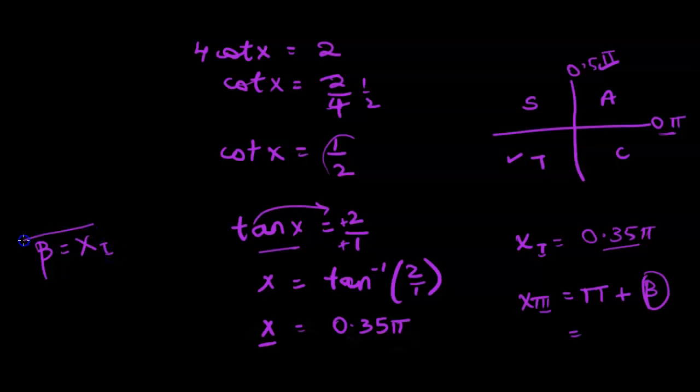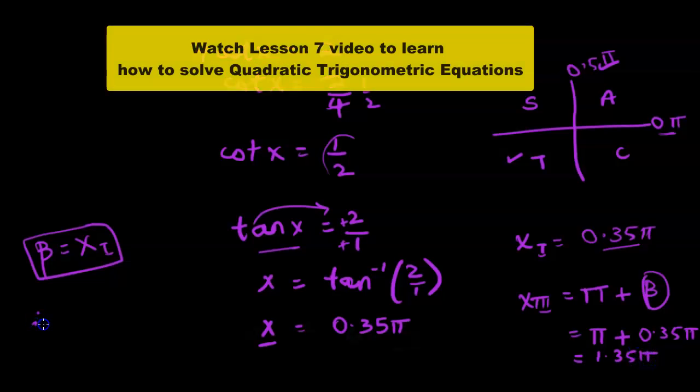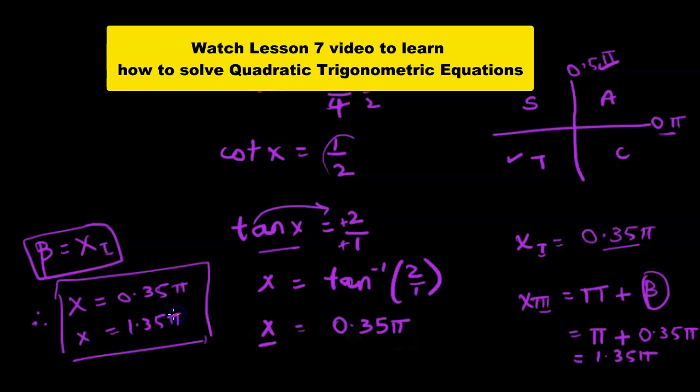And here the angle in the first quadrant is called x in the first quadrant. So we put in pi plus 0.355 and we get 3.497. Therefore, the two x values that we've got is 0.355 and the second answer is 3.497. And this is how we solve the linear trigonometric equations.